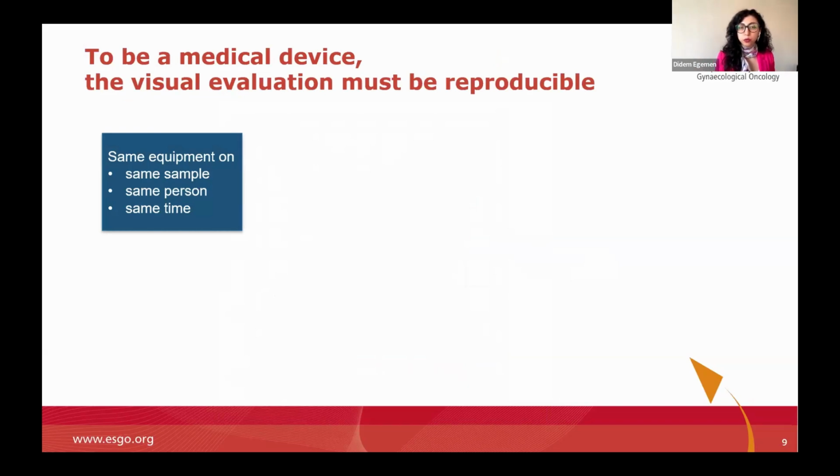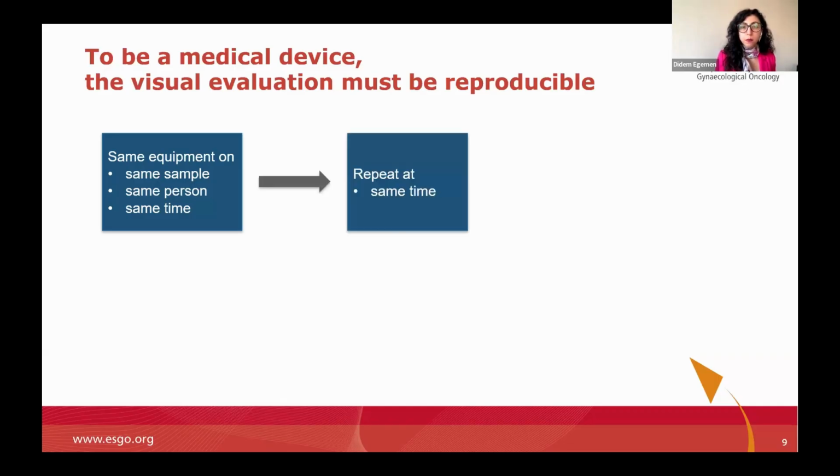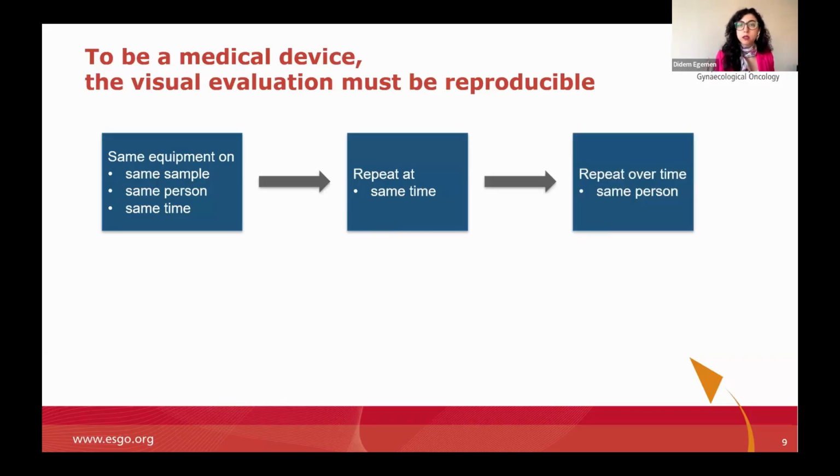What we mean by reproducible is that when we use the same equipment on the same sample, same person, same time, it should give the same results. And if we repeat this test in a short time interval on the same person, we should get the same result.